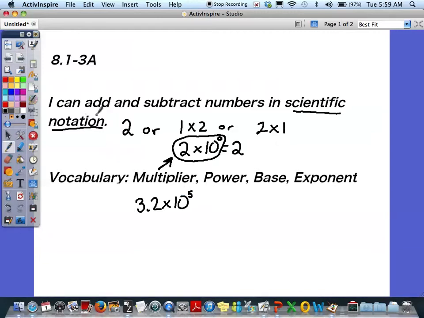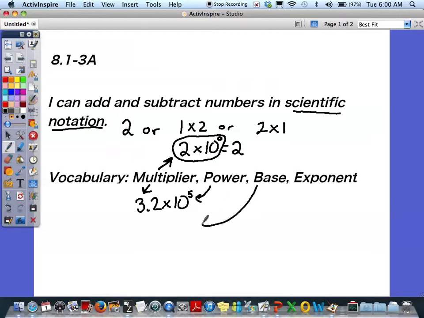Make sure you get this I can statement written down. In this scientific notation, the 3.2 is the multiplier. That's the number that's being multiplied by a power of 10.